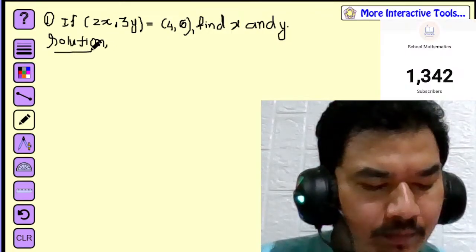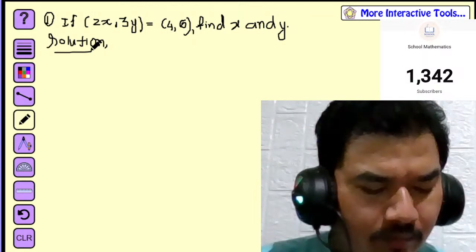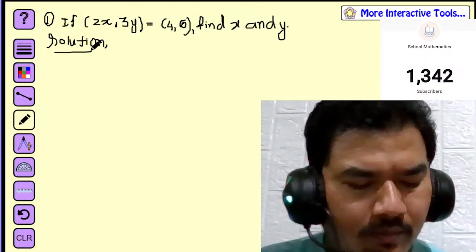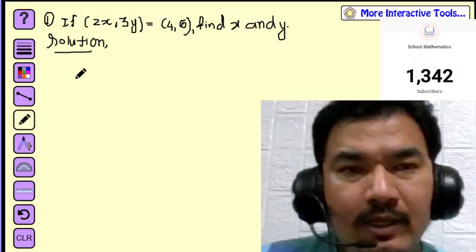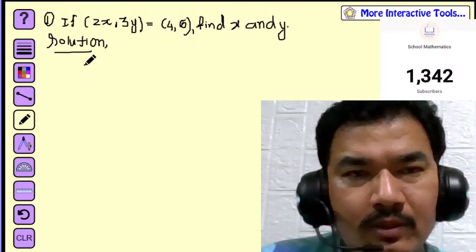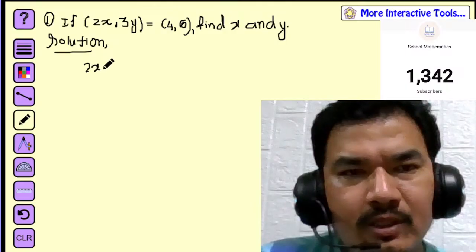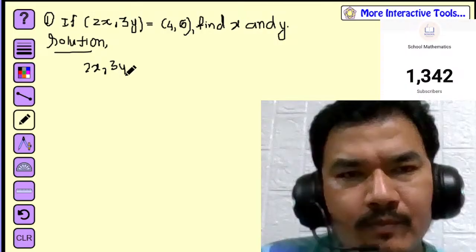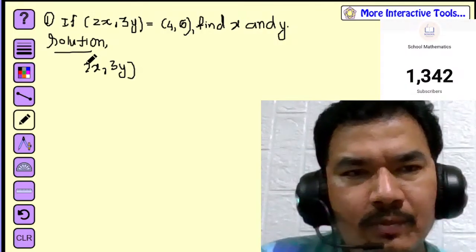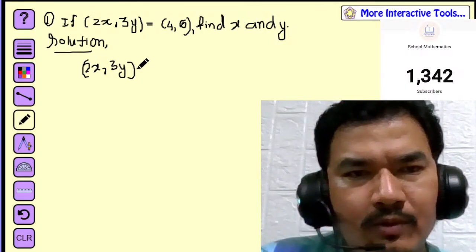Here the first ordered pair is given, 2x comma 3y. This ordered pair is given equal to another ordered pair, 4 comma 6.